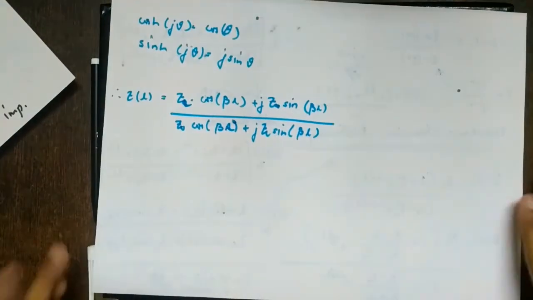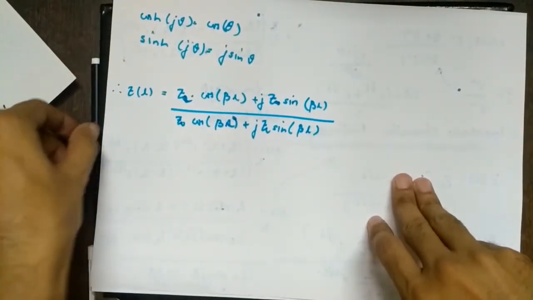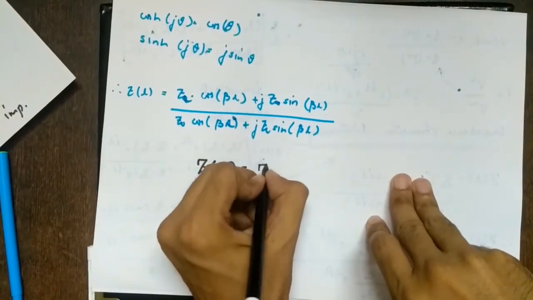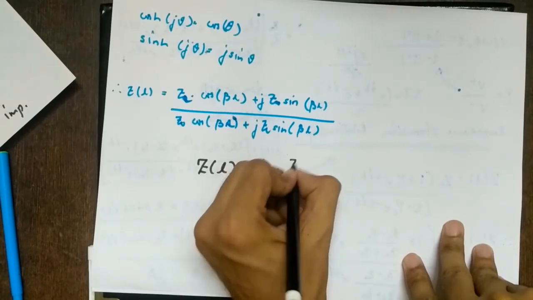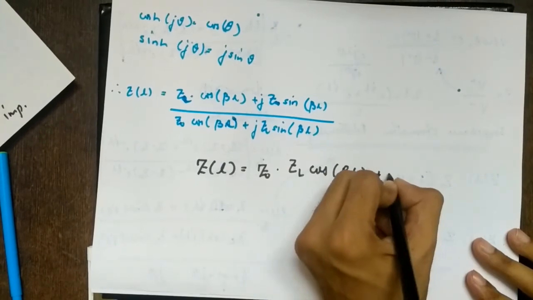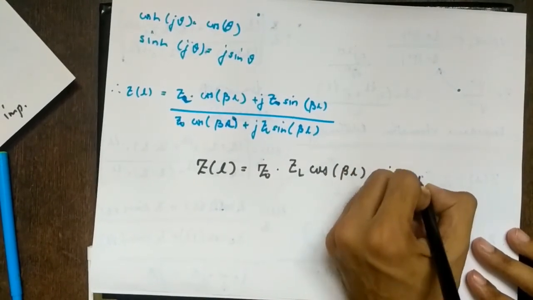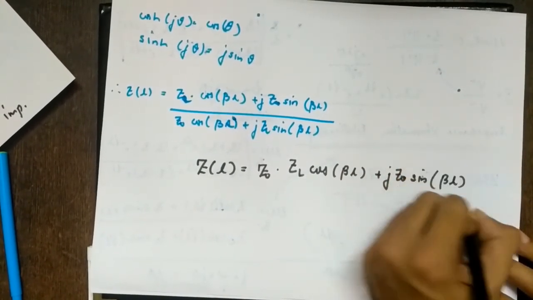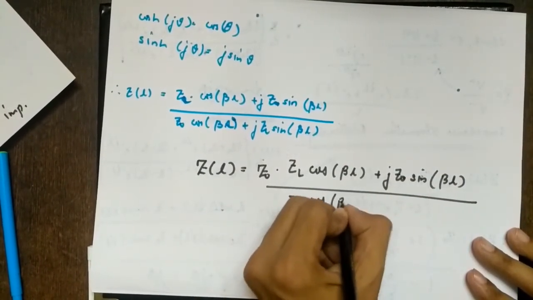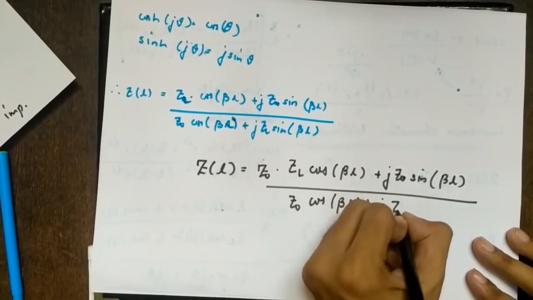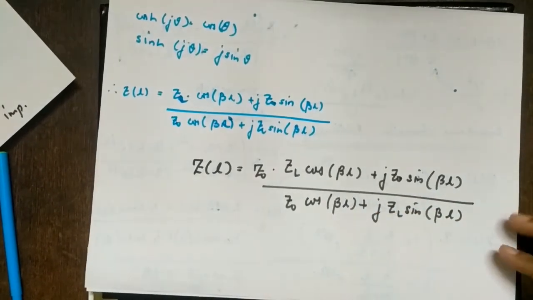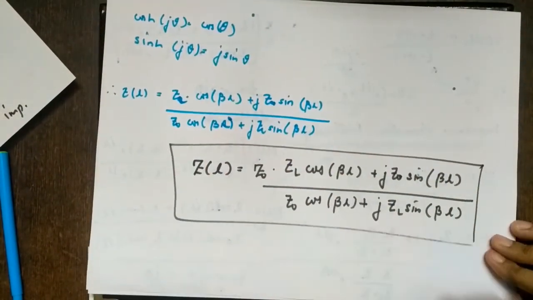It is not clearly visible, so I'll write it again. The final expression you get is Z of L equal to Z naught into ZL cos of beta L plus j Z0 sin of beta L, upon Z0 cos beta L plus j ZL sin of beta L. This is called the impedance transformation relationship.